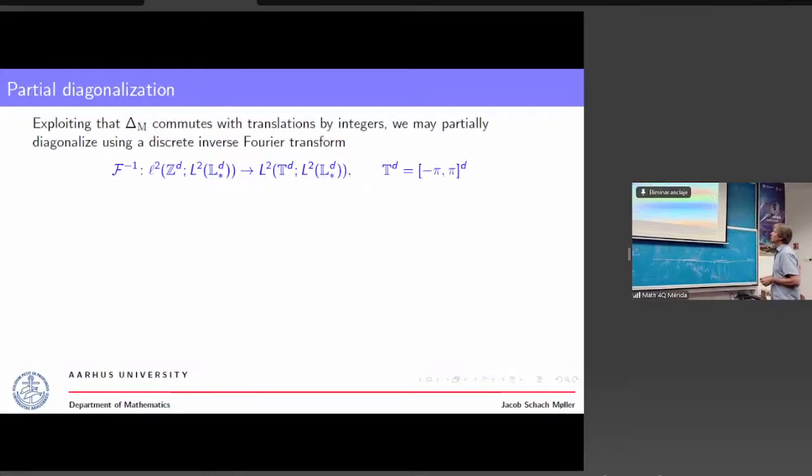Okay, so let me say a little bit about how to get such a resolvent estimate. So first of all, we critically exploit that this has translation invariance, a discrete translation invariance. So you can do a partial Fourier transform to diagonalize the operator.